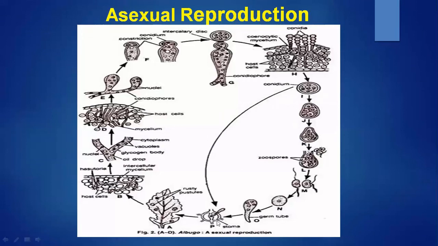So this is the stoma of the host tissue, and when this conidium falls on a suitable substrate, you can see development of a germ tube which enters into the stoma, and again its life cycle, asexual reproduction, starts by developing a mat-like dense mycelium below the epidermis.